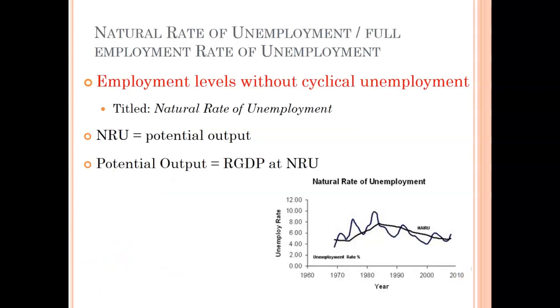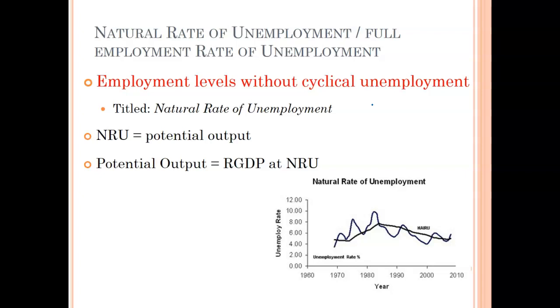So there's a thing called the natural rate of unemployment, which is what we're going to call full employment. Full employment, or natural unemployment, is the amount of people that will be unemployed if you did not include the cyclical unemployment. Because that means you're just at an even keel: you're not in expansion, you're not in recession, you're just at the typical. There's going to be some amount of people that are frictionally unemployed because they want to change jobs. There's a certain group of people whose skill sets need to be changed.